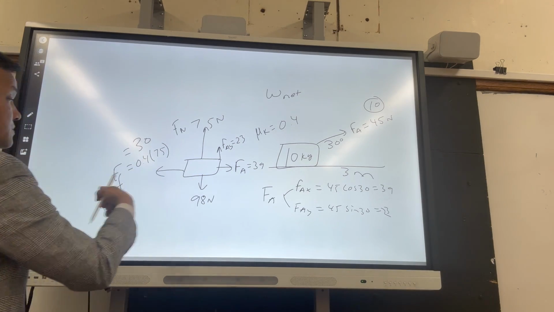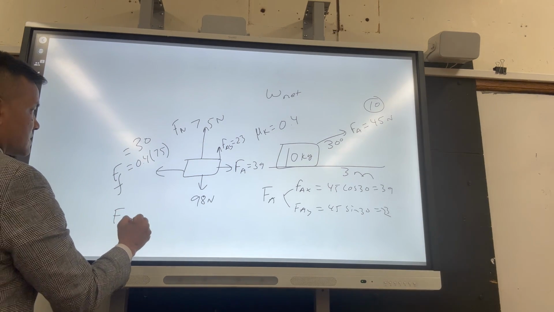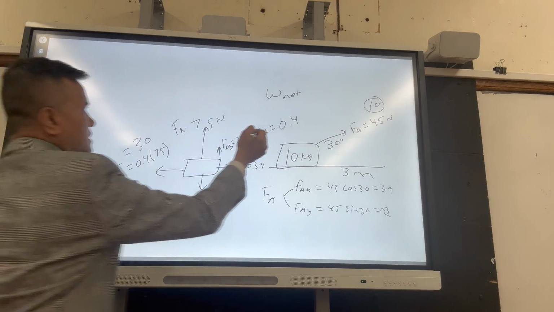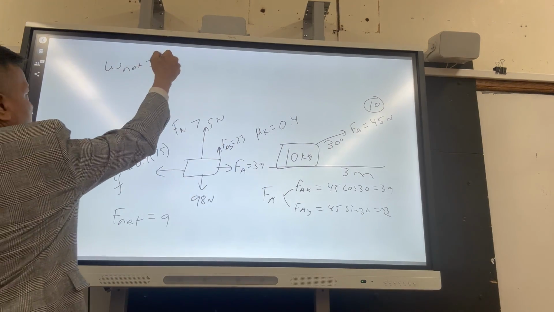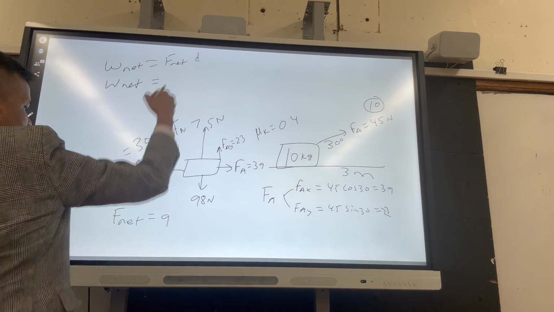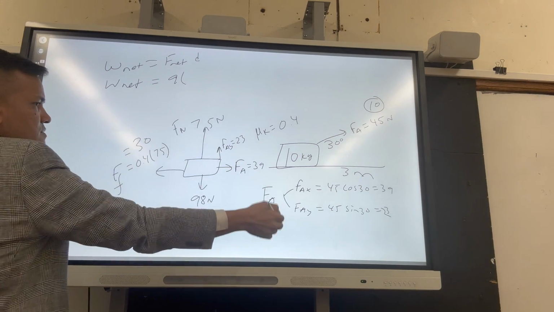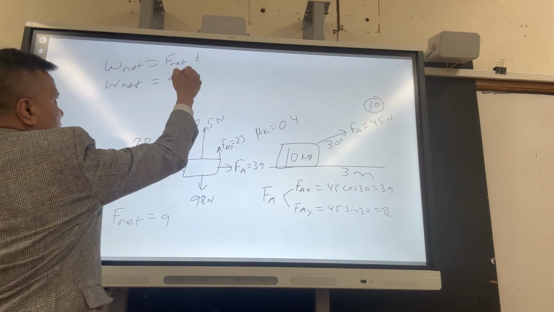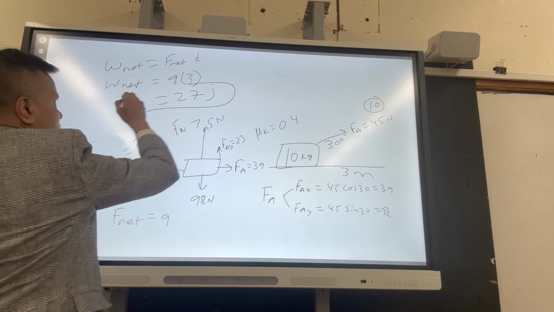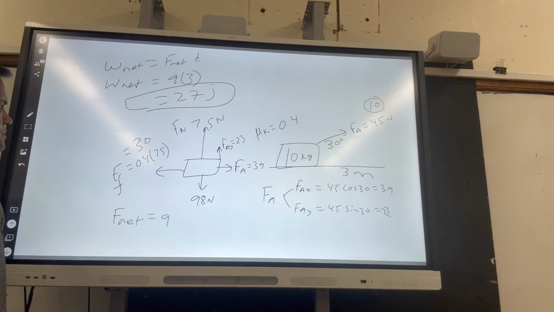Okay, so 30. So then F net is 39 minus 30, which is 9. So then work done by net force is F net d. So here is 9, and d is 3. So 27 joule.